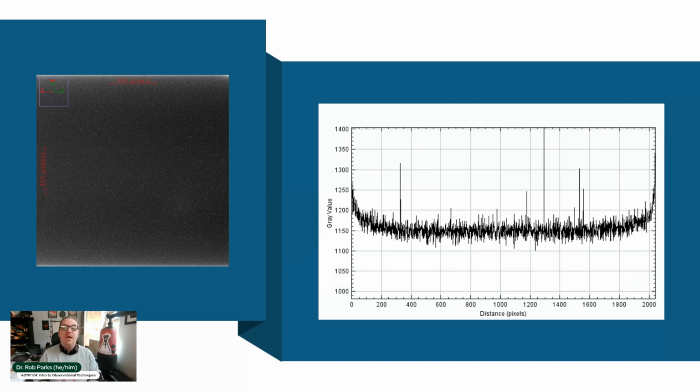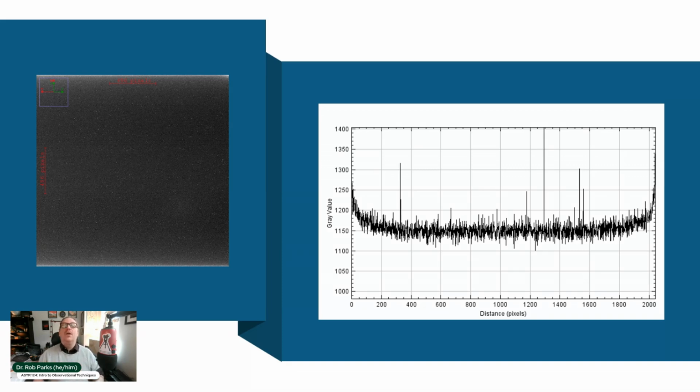For example, the camera, we typically keep it cooled down to about negative 20, 30 degrees Celsius, depending on the outside ambient temperature. Even still, even with something that cold, it still will produce photons that are in the detectable range of the chip. And so that noise will be accumulated.